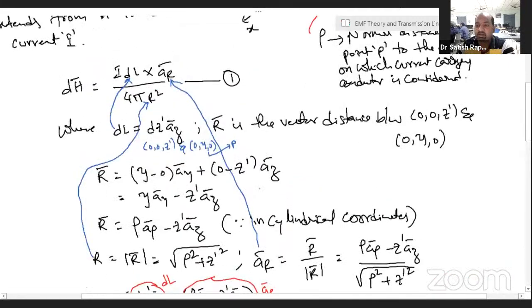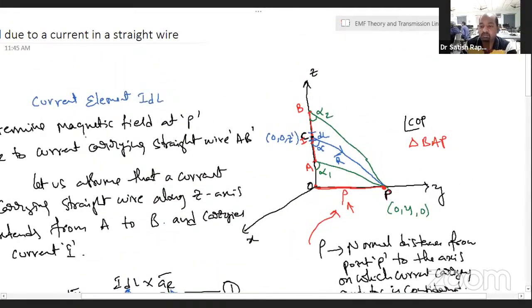What is az bar here? So this is az bar, along the increasing component of z. This is az bar, right?